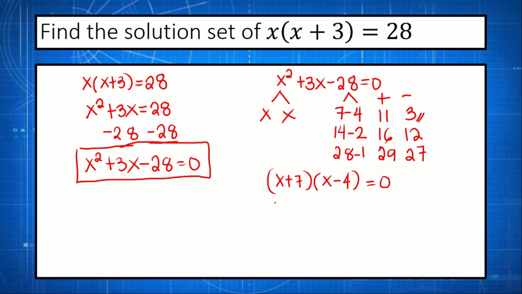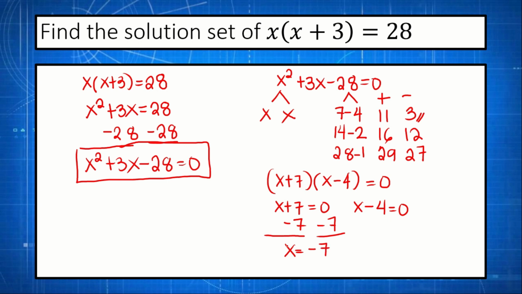Then we apply the zero product property, wherein we're going to equate each factor equal to 0. So x plus 7 equals 0 and x minus 4 is equal to 0. So we apply subtraction property again. So we add both sides of the equation by negative 7. So this becomes x is equal to 0 plus negative 7.